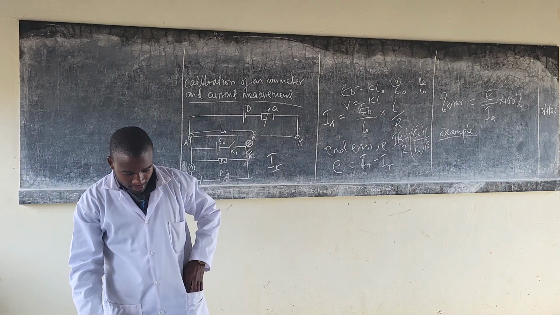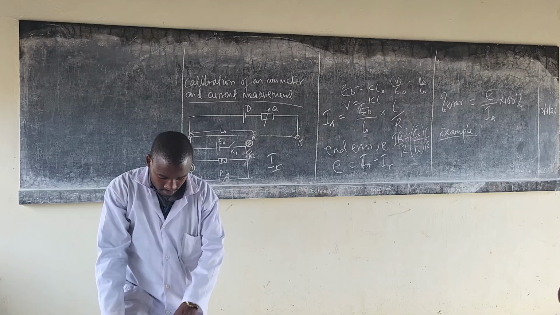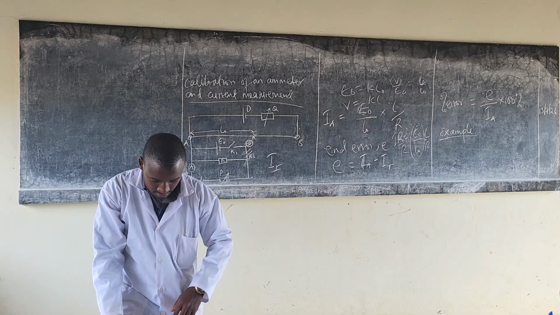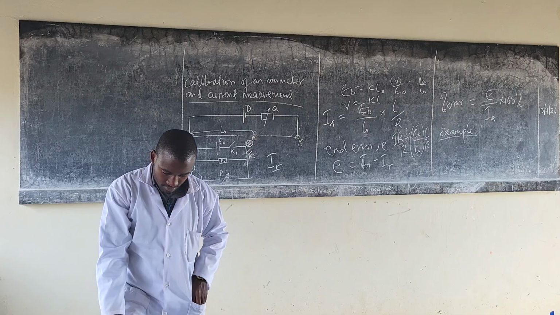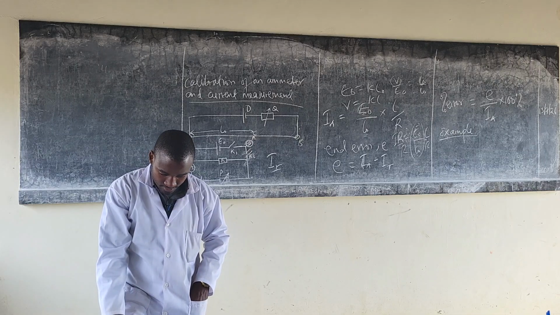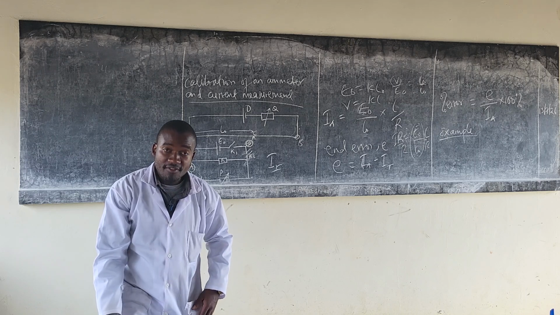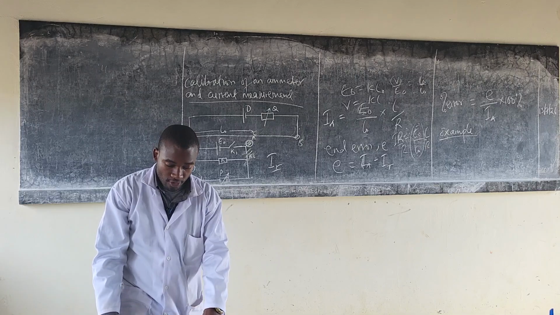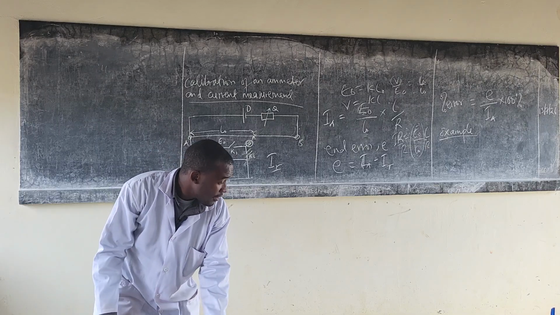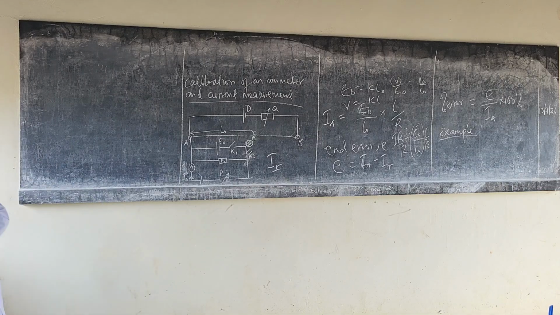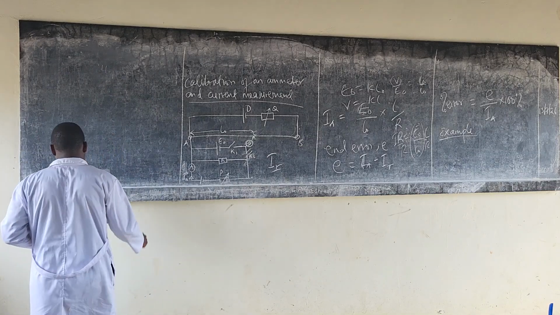In the circuit diagram below, S is a standard cell of EMF 1.2 volts.